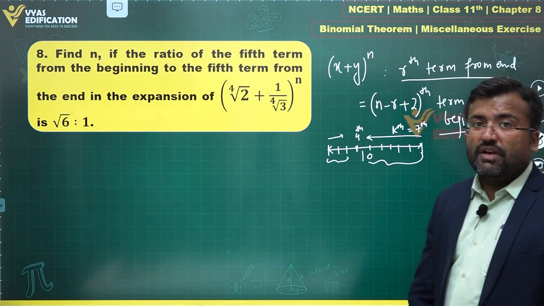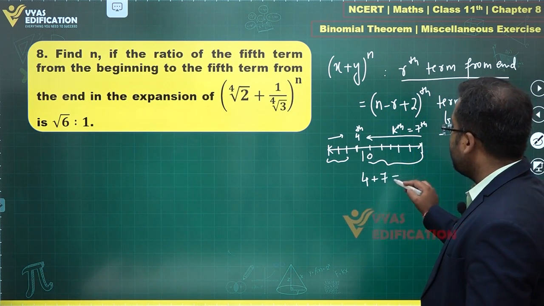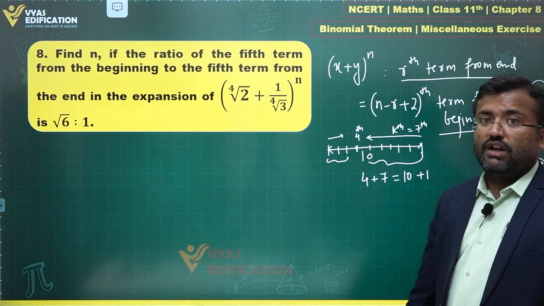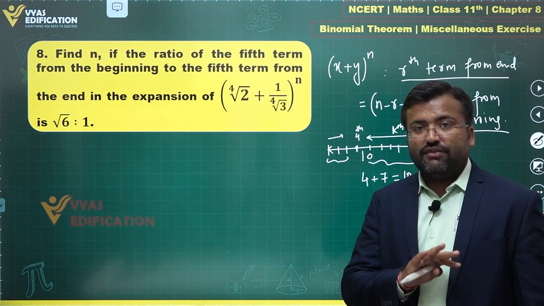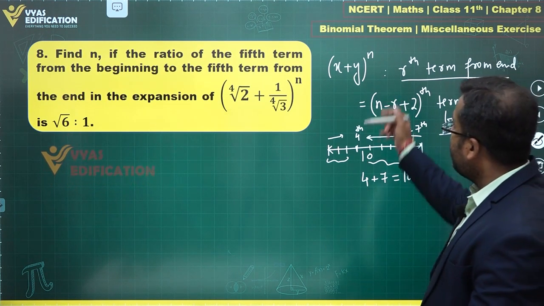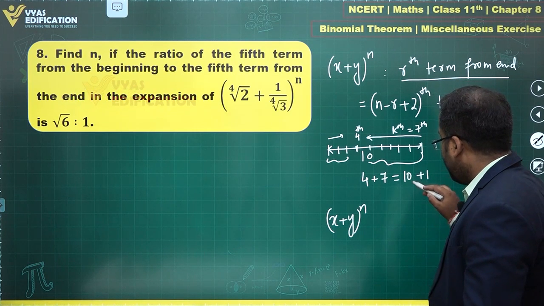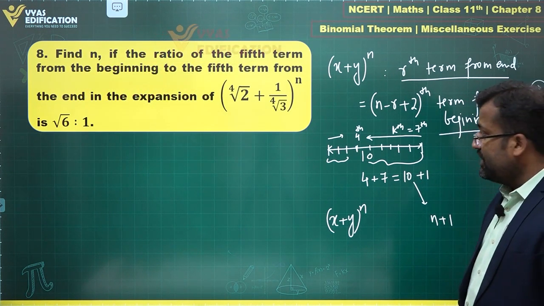If you are 4th from the beginning, you will be 7th from the end, and 4 plus 7 is actually not equal to 10, but it is equal to 10 plus 1. Do you realize that? Yes. So number of terms is important, and accordingly we will consider the position from the beginning and position from the end. Let's see what we have over here. For x plus y power n, the number of terms is n plus 1.